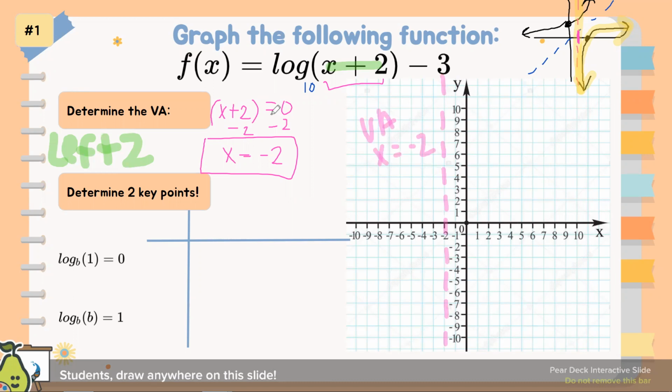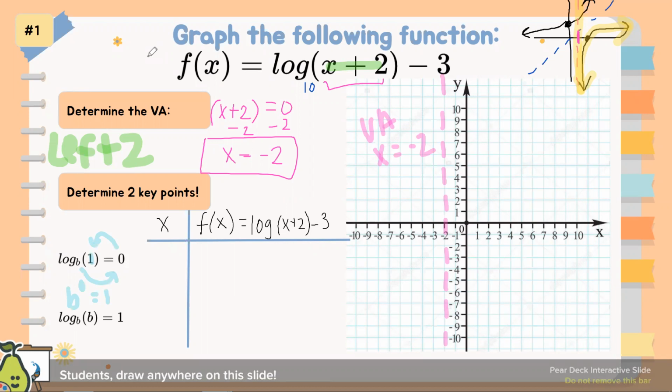Then in order to draw our graph, we need to determine 2 key points. This is going to become x and f of x. I'm just going to rewrite it. So we want to use a couple properties that we know. We want to use log base b of 1 is equal to 0 because anything to the 0 power is 1.